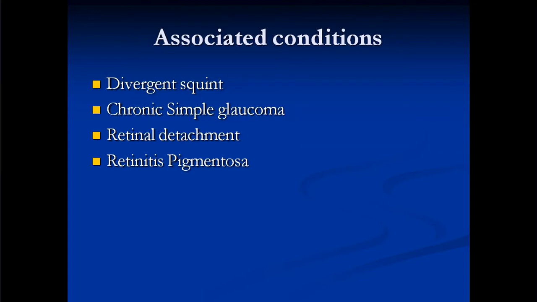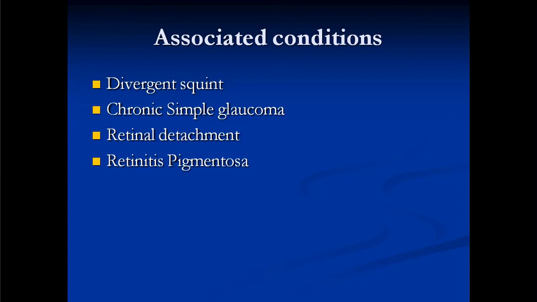Then the associated conditions with myopia are divergent squint, chronic simple glaucoma, retinal detachment, retinitis pigmentosa. Divergent squint means deviation of the eyeball laterally. In myopia, it may occur.